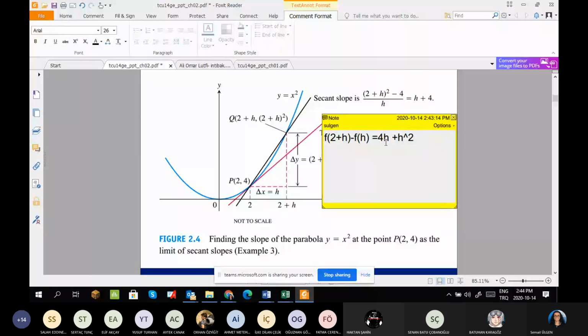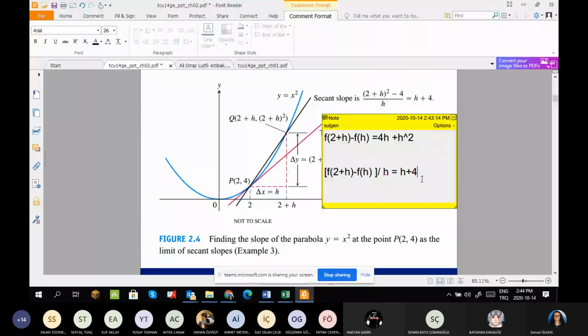Let me put this in square brackets. Let's divide this by h. Then you're going to get h plus 4, definitely. Okay, we got this from here.